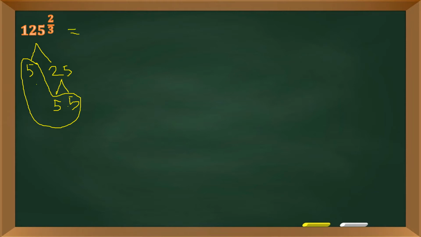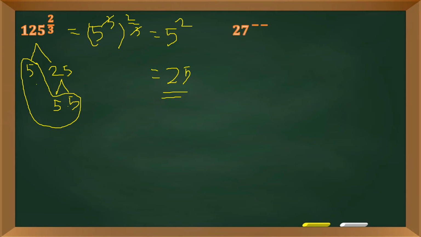That's why 125 is 5 raised to 3, raised to another power, which is 2/3. And we can actually cancel also 3 over 3 here, which has now a simplified answer of 2. But 5 squared is 5 times 5, or 25. So 125 raised to 2/3 is equivalent to 25.